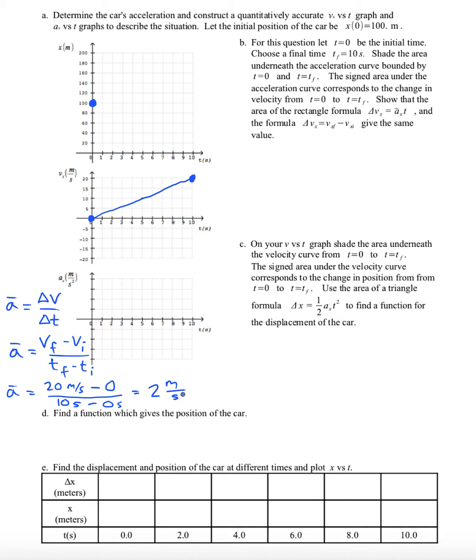But another way of writing that would be simply meters per second squared. Now that we have this acceleration value, we can go in and sketch that.